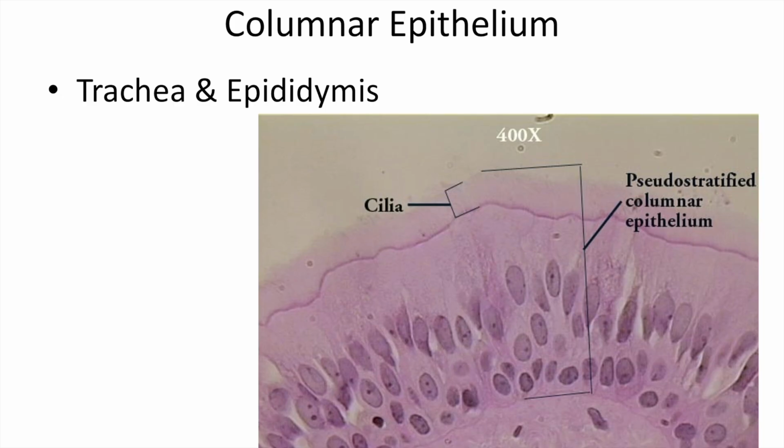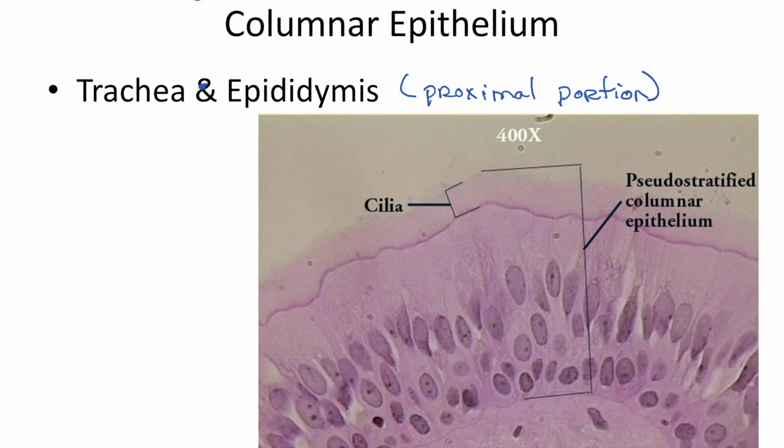Another unusual type of epithelium is called pseudostratified ciliated columnar epithelium. This is found in the trachea and in the proximal portion of the epididymis.